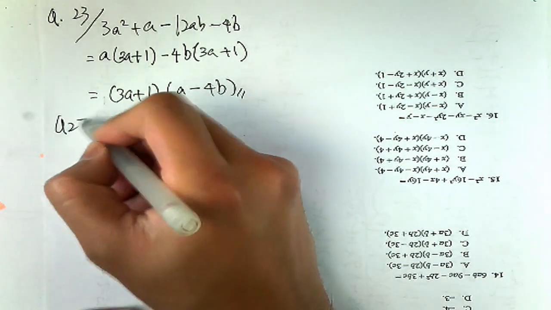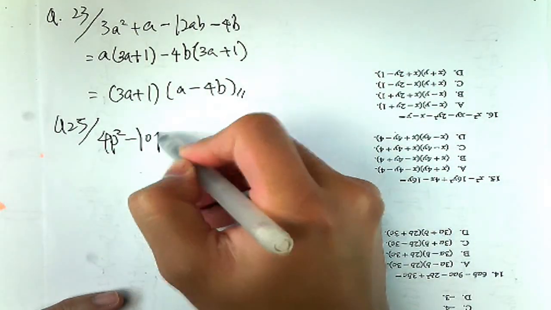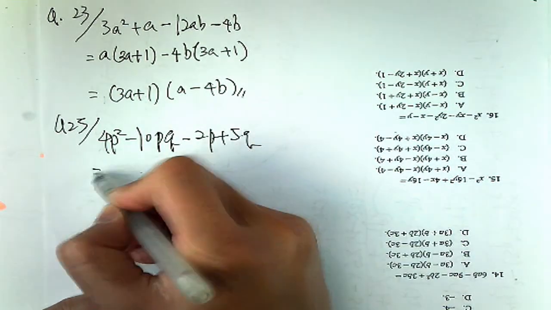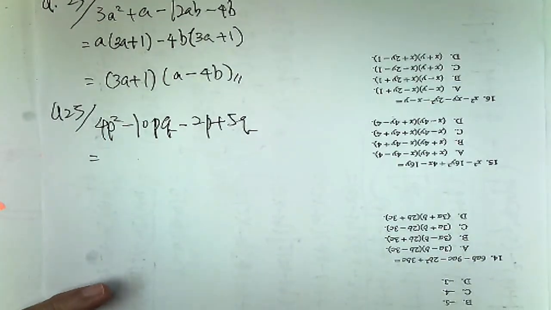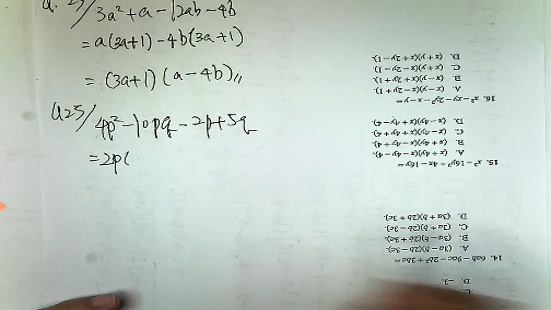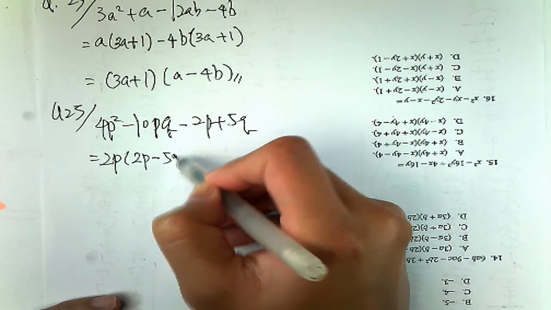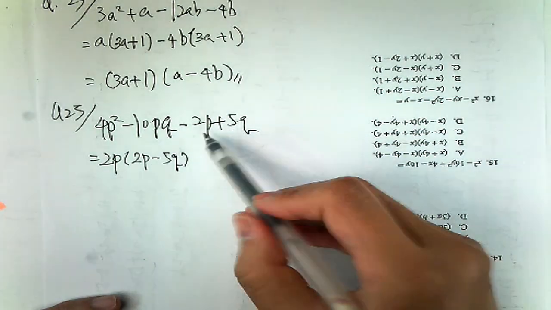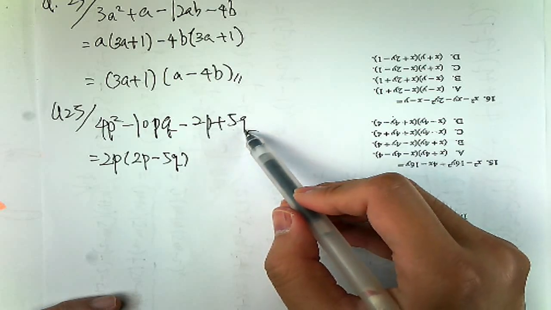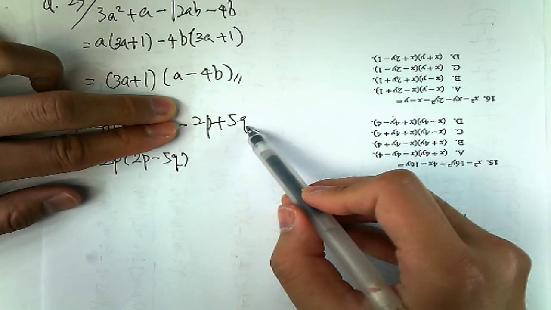So next 25, okay, 4p squared minus 10p cubed minus 2p plus 5q. So look at the first 2 terms, you can pull out 2 and p, right? So 2p and then minus 5q, right? So for the next 2 terms, they look very similar. Okay, if you read this, it's just 5q minus 2p, right?